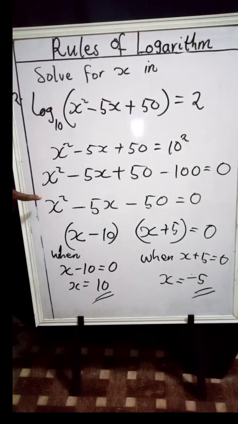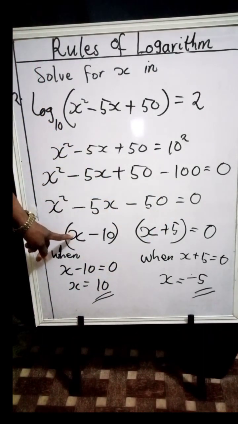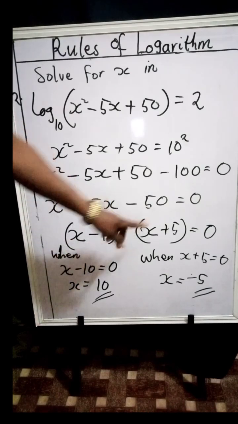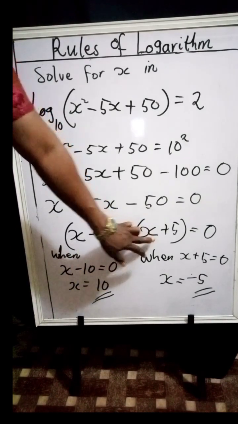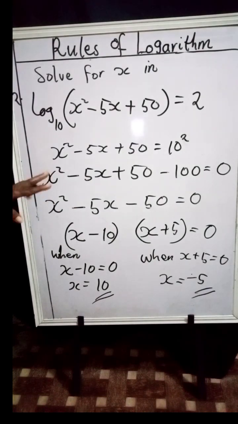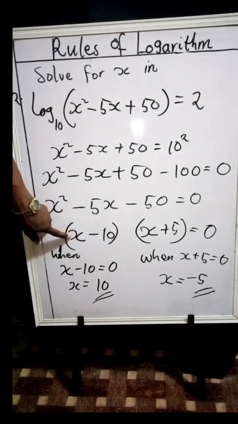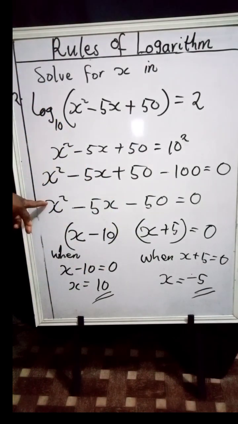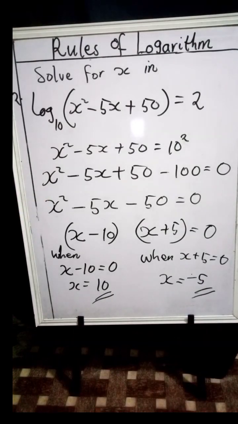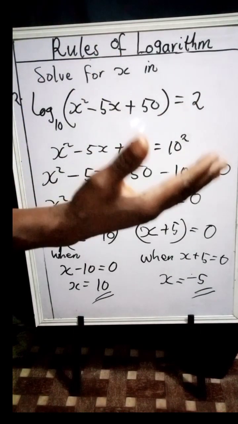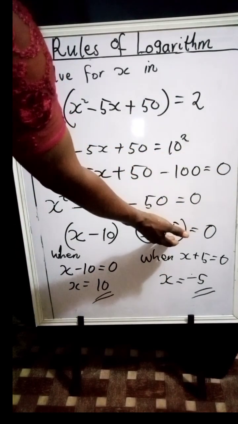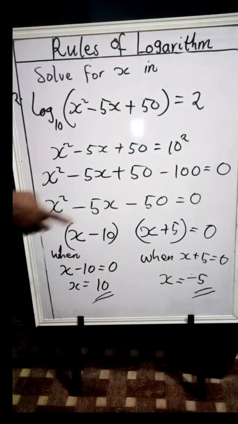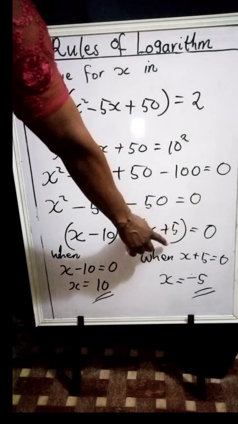Then you put this x squared, and use it to open two brackets. Place one number inside one bracket and the other inside the other bracket. Remember, x multiplied by x is x squared. So this x multiplied by x will give us this x squared. Remember, we had -10 and +5.